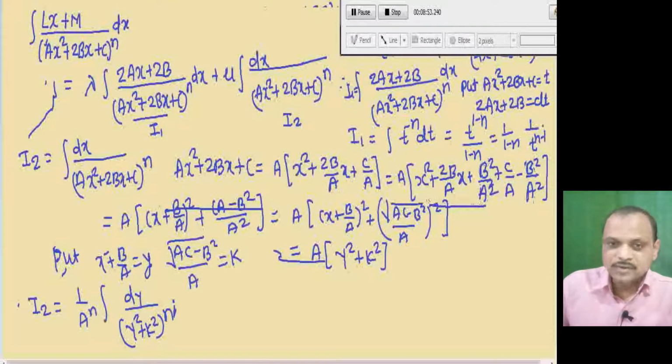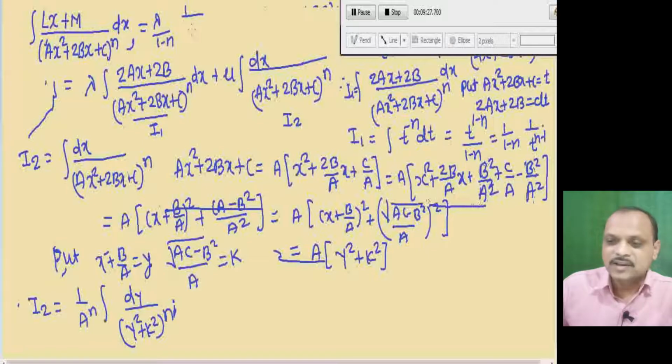So this integration is equal to lambda divided by 1 minus n into 1 divided by t, what is the t?